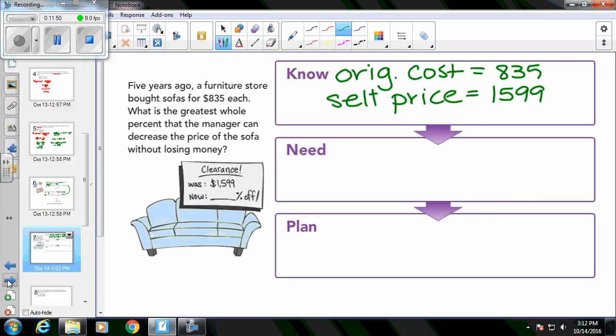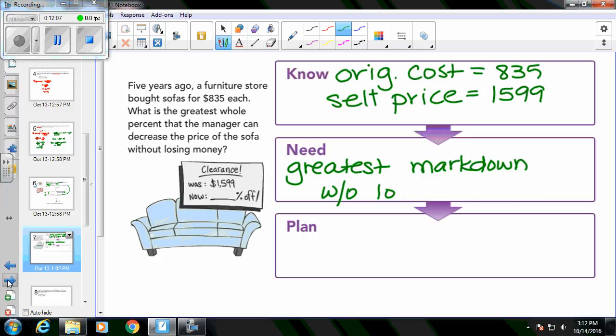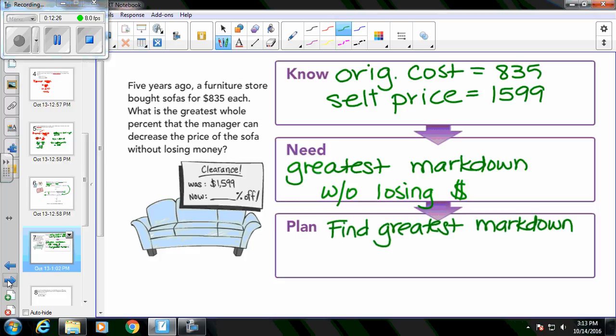We want to look for the greatest whole percent markdown. But we don't want to lose money, so without losing money. Okay? So my plan, I'm going to find the greatest markdown. And then I'm going to find the greatest percent markdown possible.